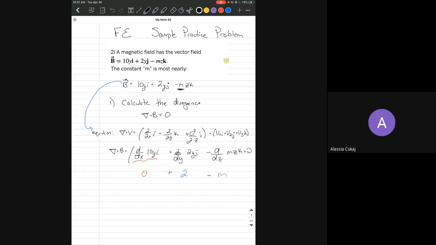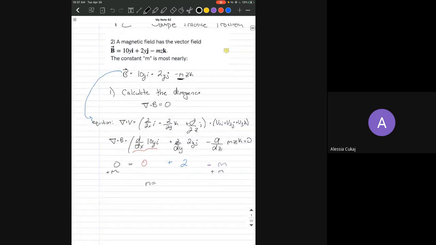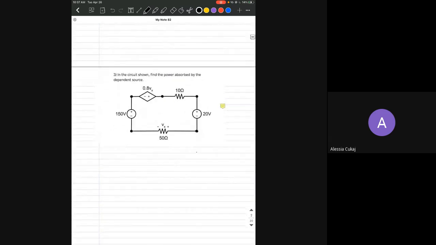So this is just a simple equation that we're solving for m. You basically move that m over, and we get m equals 2. And that's really it. The tough part is just the equation, but once you plug that in, it's really basic and easy.